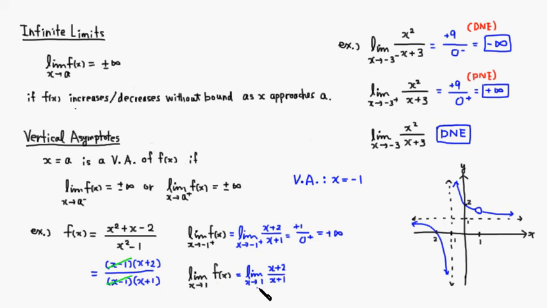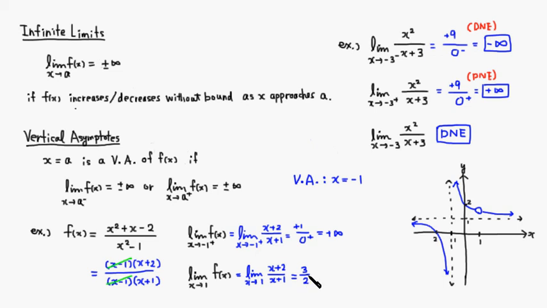x equals 1 could be a good candidate for a vertical asymptote, because if you plug in 1 on the bottom, it makes the denominator 0. But if you take the limit, it actually goes to 1 plus 2, which is 3, over 1 plus 1, which is 2.